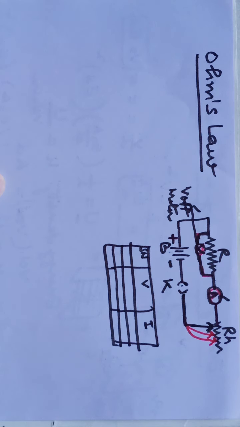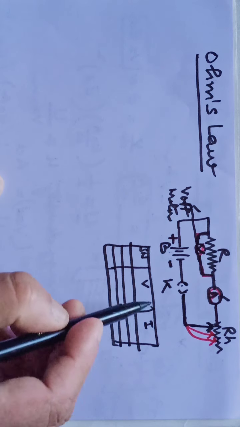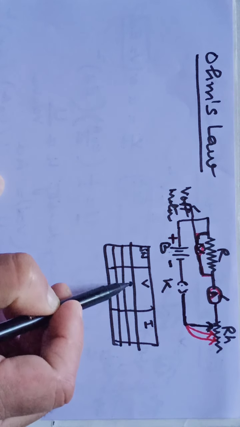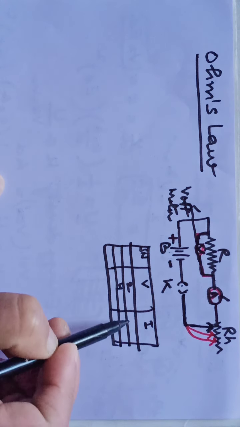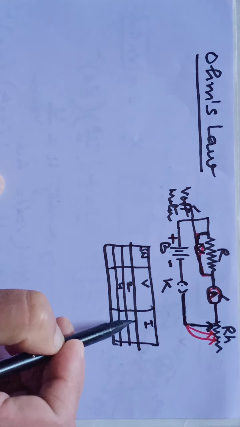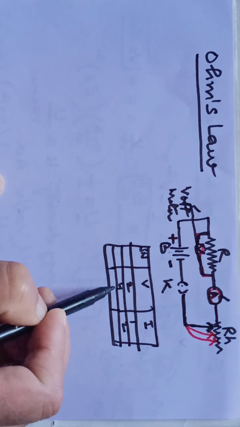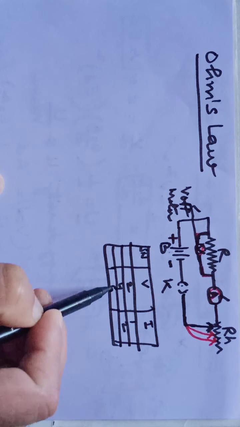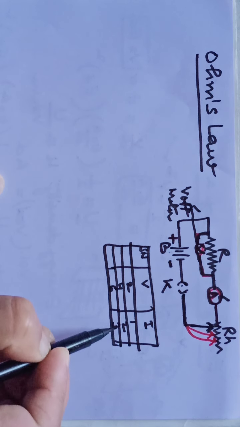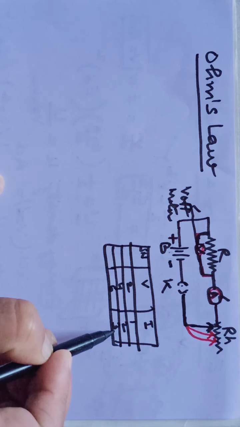So what Ohm observed is that when we increase voltage from 2 volt to 4 volt, the current increases from 1 ampere to 2 ampere. Voltage again increased to 6 volt, then the current increases to 3 ampere.